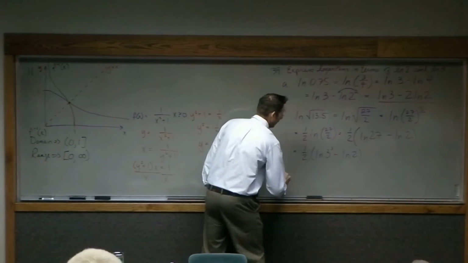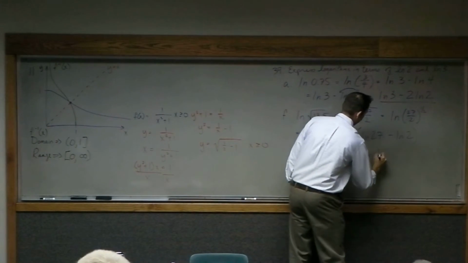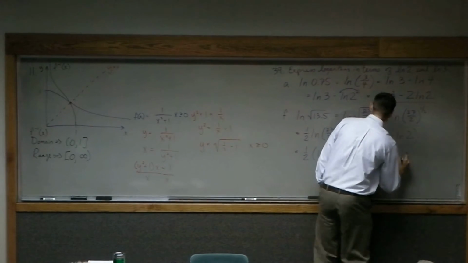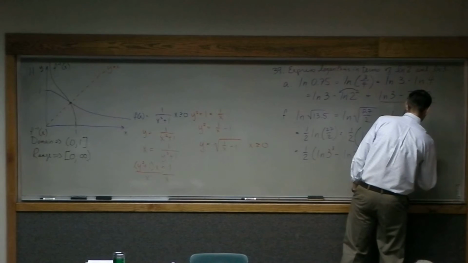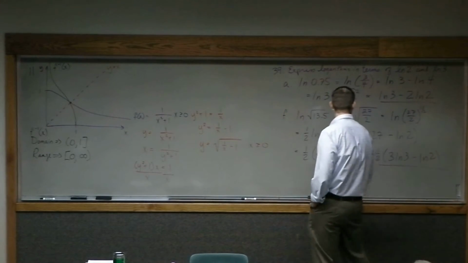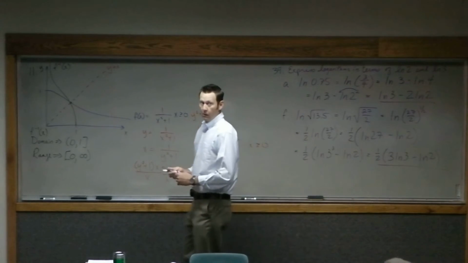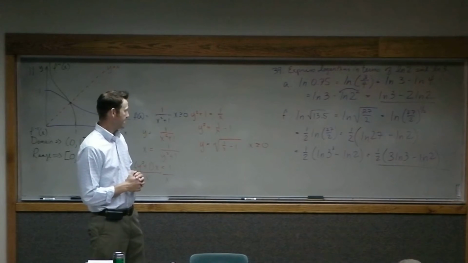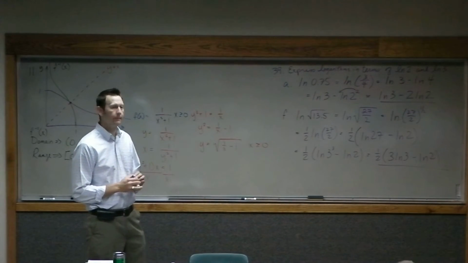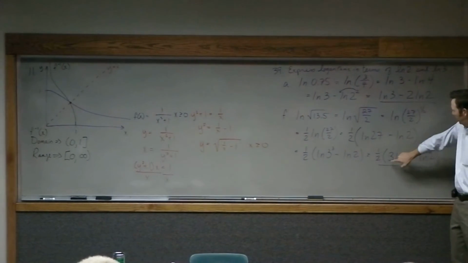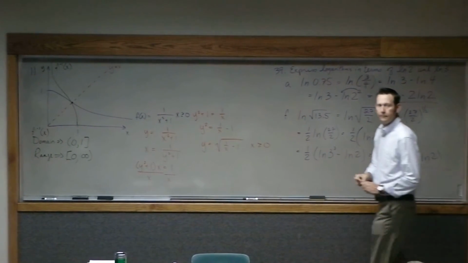Okay, move the 3 to the front: 1/2 times 3 natural log of 3 minus natural log of 2. If the natural log 2 wasn't in there, would that be 3/2? Yeah, if this part wasn't here, this would be 3/2 natural log of 3.